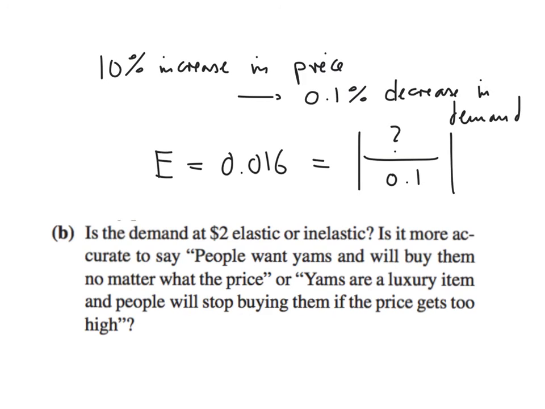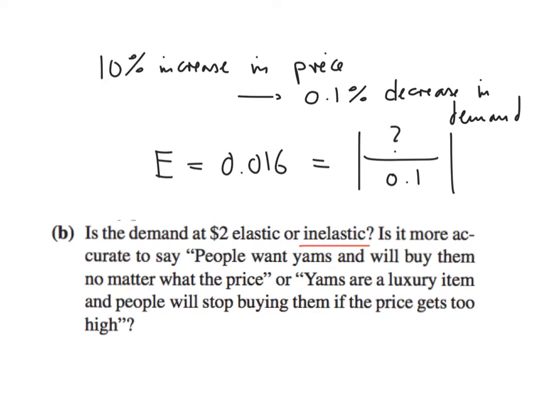So we still have to answer part B fully, and we are now in a position to do this. Is the demand at $2 elastic or inelastic? We saw it's inelastic. And now the question is, how do we interpret this? Is it more accurate to say people want yams and will buy them no matter what the price? Or yams are a luxury item and people will stop buying them if the price gets too high?